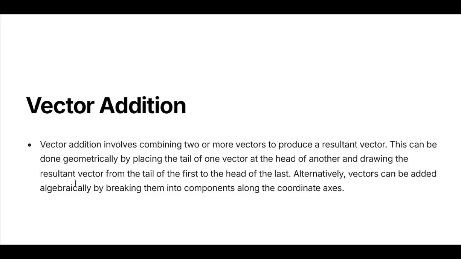This can be done geometrically by placing the tail of one vector at the head of another when drawing it graphically. An alternative is the algebraic method to determine the resultant of the vectors.